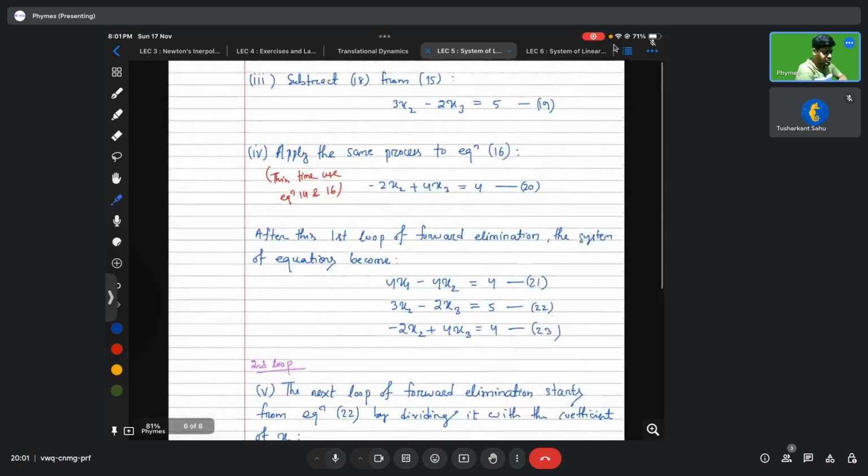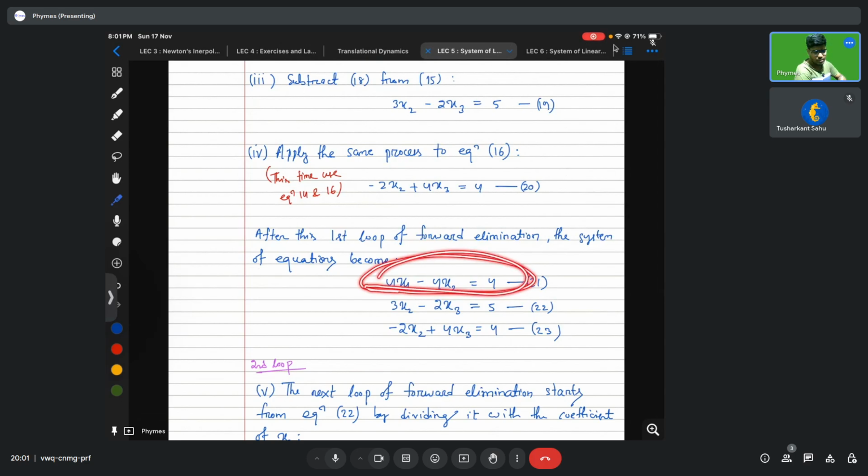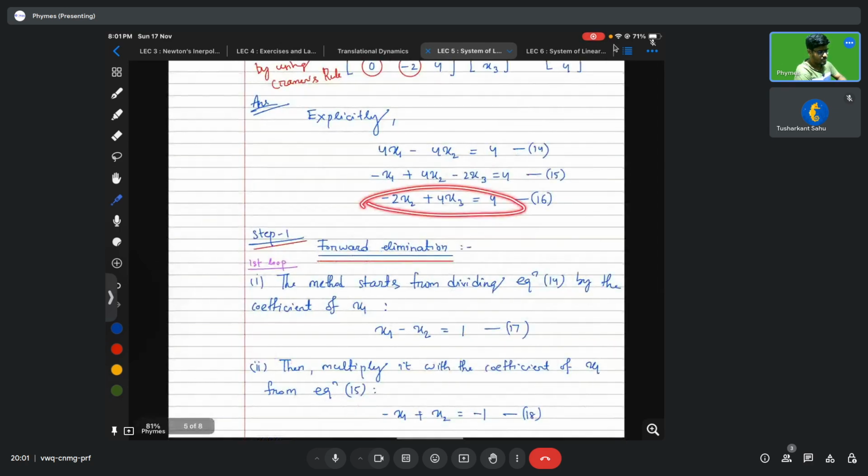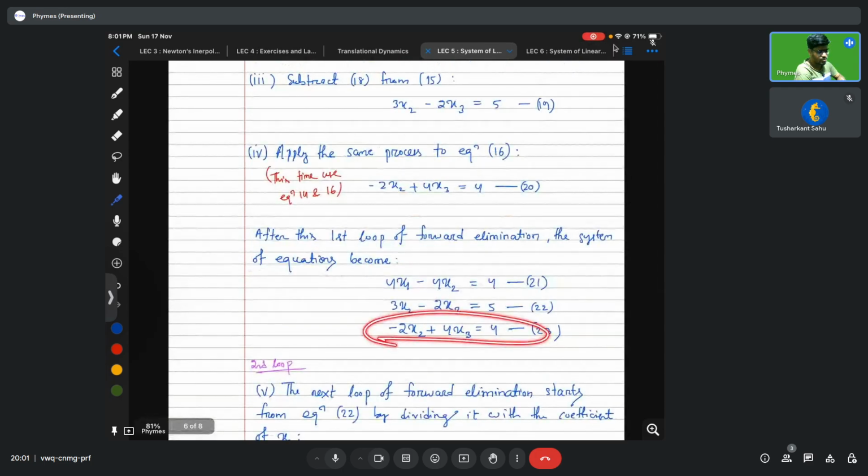So after this first loop of forward elimination, the first equation will remain as it is, this equation will change and this equation will also change, but here the x1 value was already 0, that is why this equation is as it is, right? It should have changed if there was an x1 quantity here.